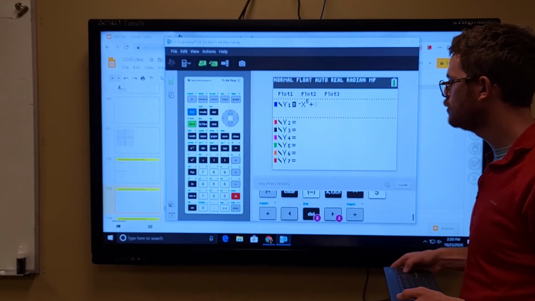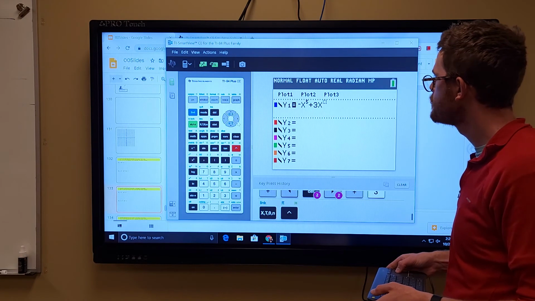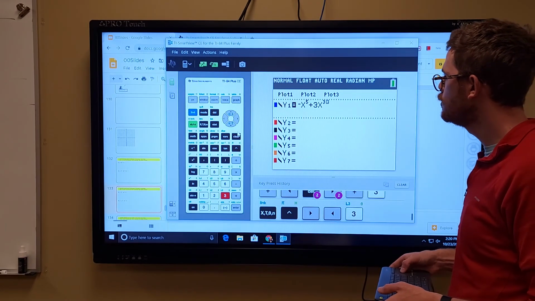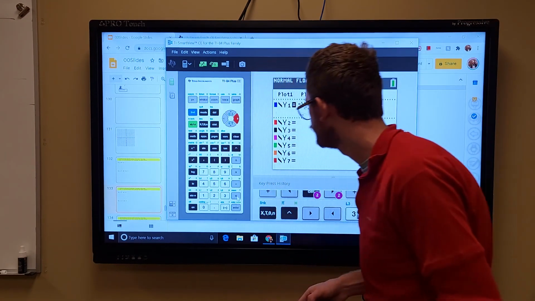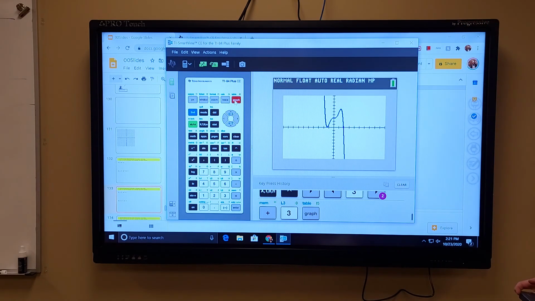There we go, 3x cubed. And then, was it plus 3? After all that, plus 3. All right, graph this guy. Boom! There it is.